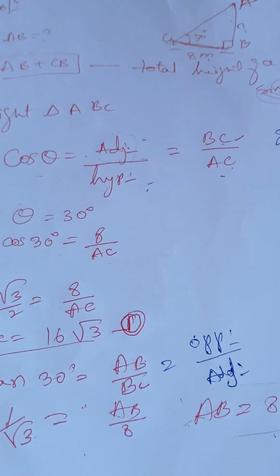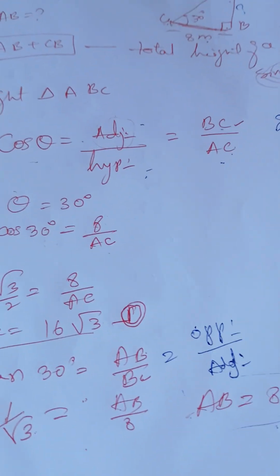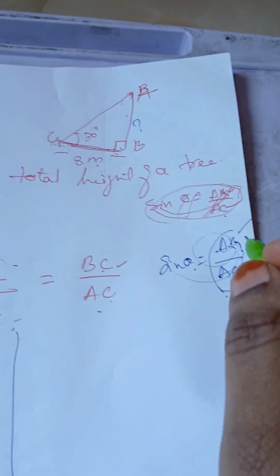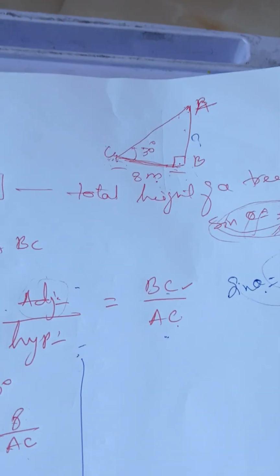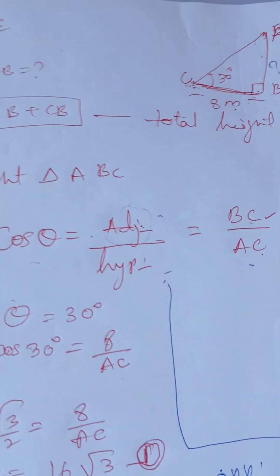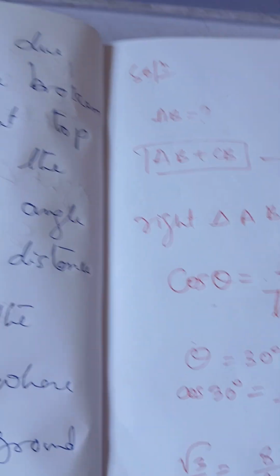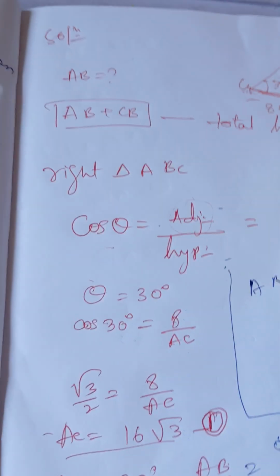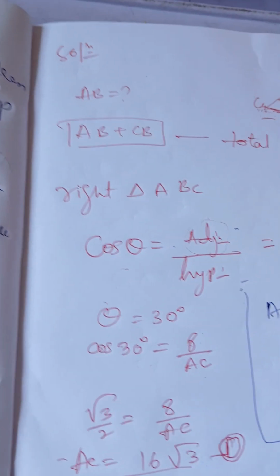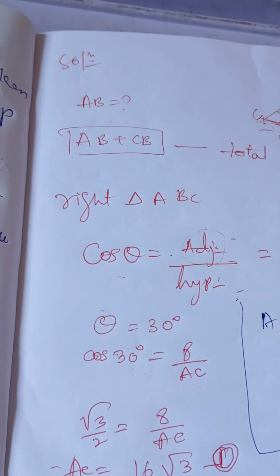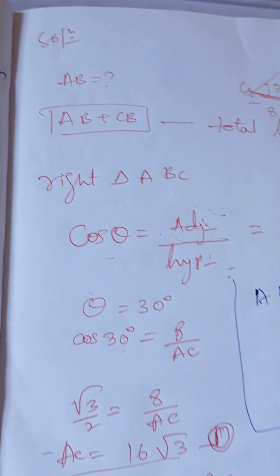But here we want the total height. For the total height, we need the values of AB and AC, and we have both of them.